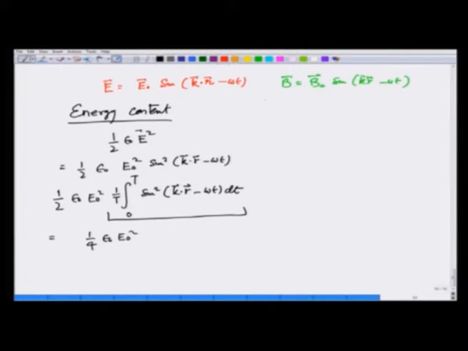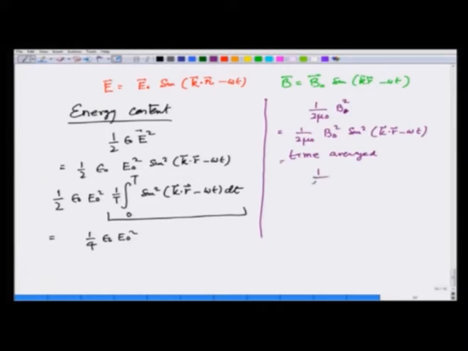Let us now calculate what the energy in the magnetic field is. The magnetic field, you recall, carries energy 1 over 2 mu 0 B square, which is going to become 1 over 2 mu 0 B0 square sin square(k dot r minus omega t), which when time averaged will give me another factor of 2.